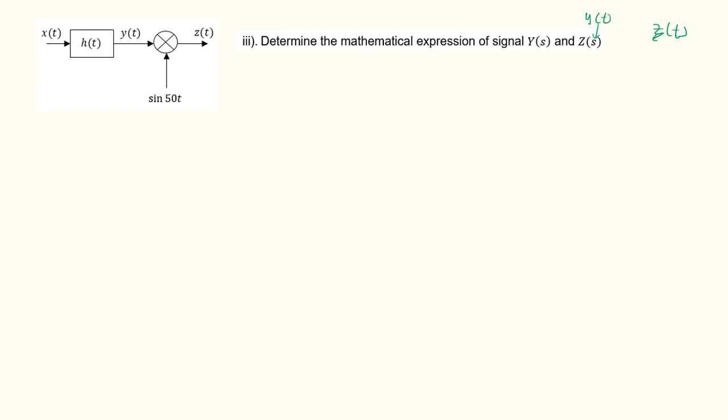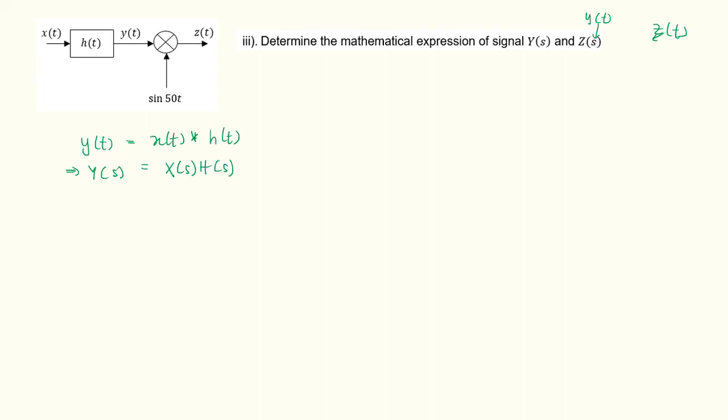So yt equal to xt convolved with ht. Refer to the table: when there is convolution in the time domain, in the s domain it will be multiplication of both Xs and Hs. So Ys equals Xs multiplied with Hs.